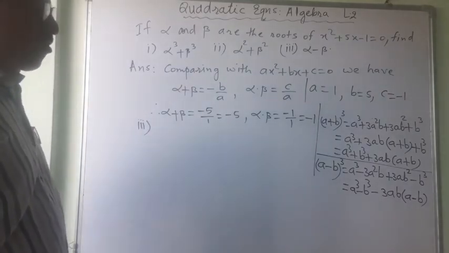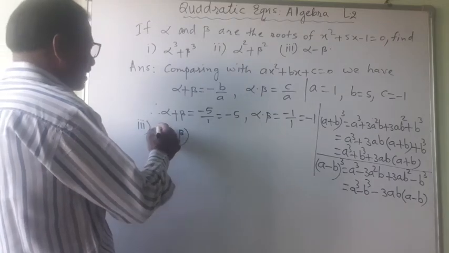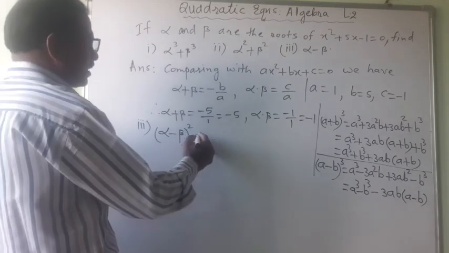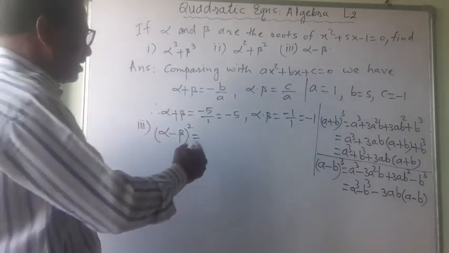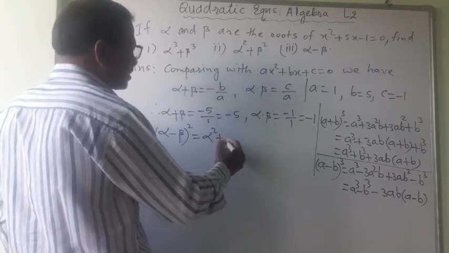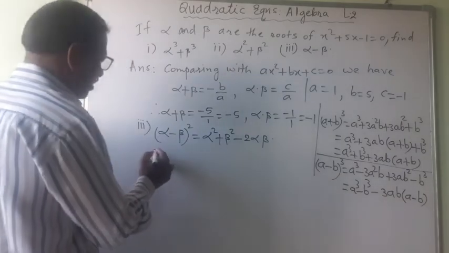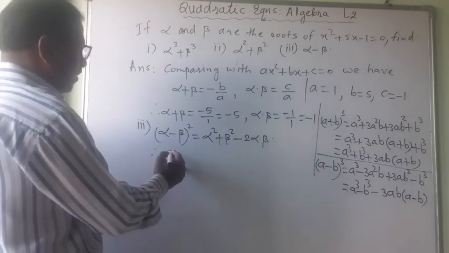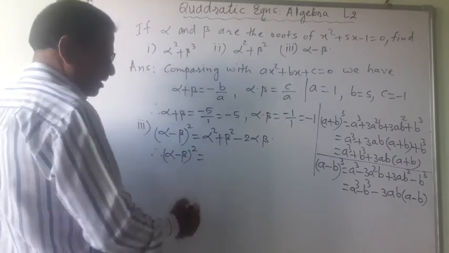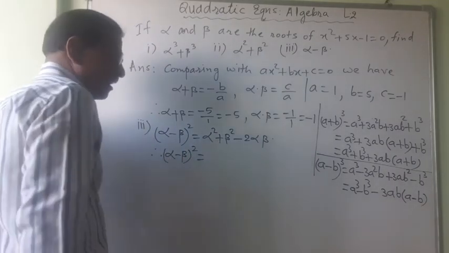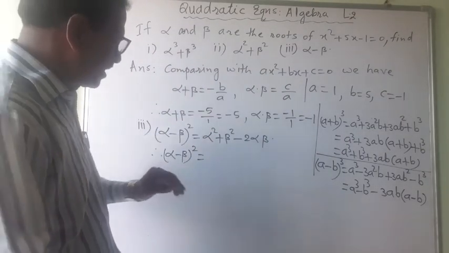alpha minus beta I want. So alpha minus beta bracket square, this formula I will use. That is equal to a minus b bracket square, a square minus 2ab plus b square. That means alpha square plus beta square minus 2 alpha beta. Therefore, alpha minus beta bracket square is equal to, here I have alpha plus beta, so I will make this alpha plus beta bracket square.